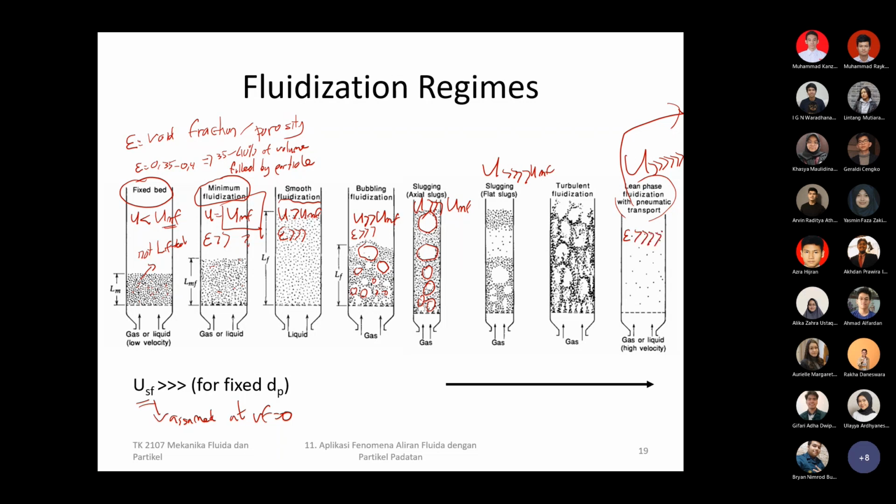That's the biggest epsilon, maybe close to 1. It becomes like an empty vessel because all of the solid has already been lifted, exiting the vessel. Now almost all of the space belongs to the gas and liquid. That means epsilon is close to 1. That's the definition of epsilon, or void fraction.